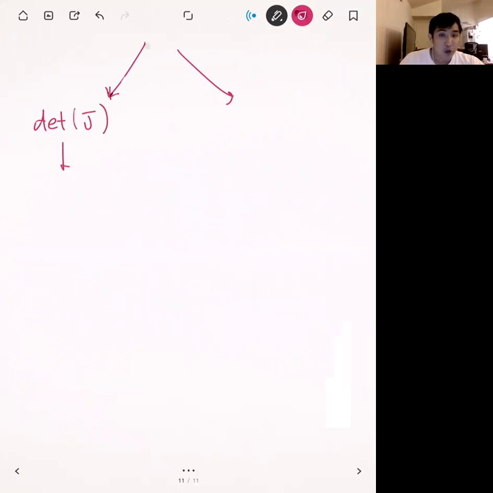The determinant of the Jacobian is basically always used. It's used as a scaling factor for us to transform our integration bounds from the physical space to the parametric space.